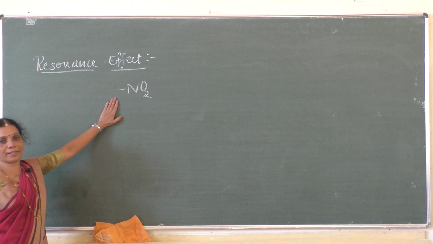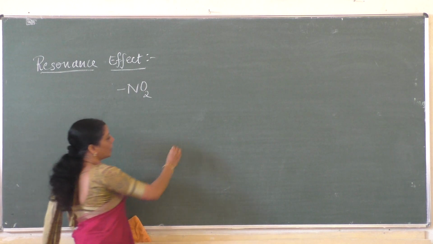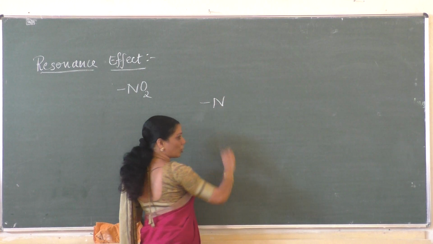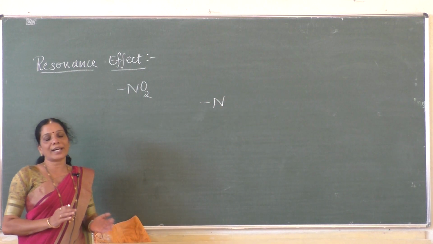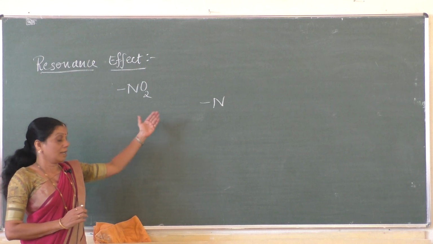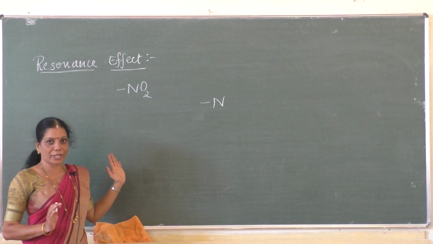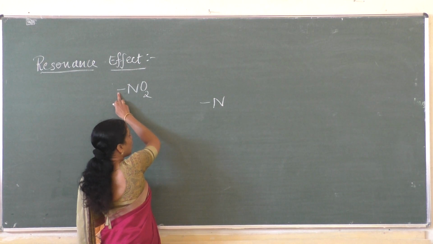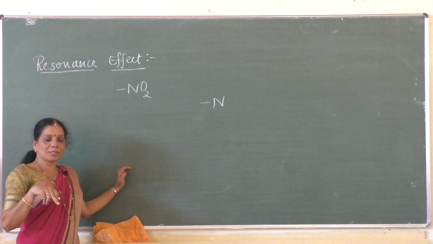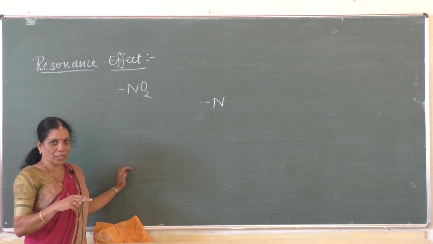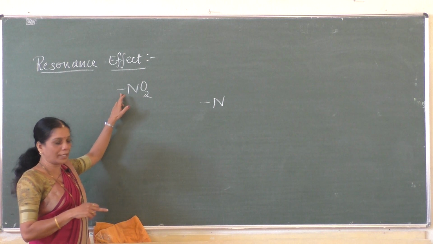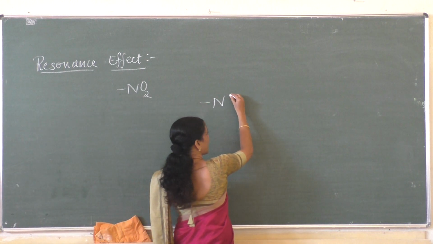We have studied the actual structure of this nitro group. Nitro NO2 means we know that the number of valence electrons present in nitrogen is always 5. Here one of the bonds is to the atom of any other group, that is a covalent bond. Two more oxygens are present here.